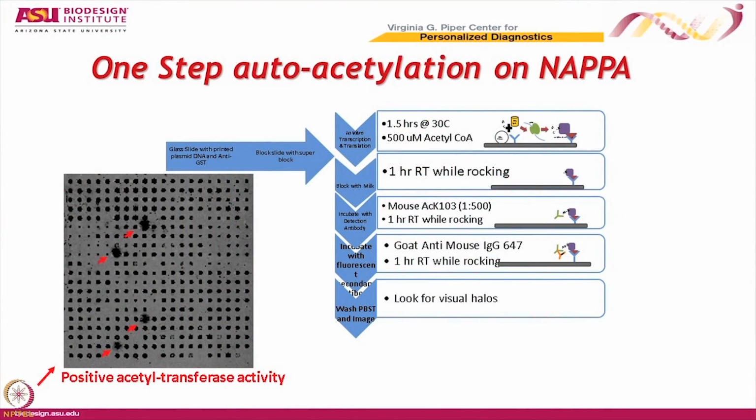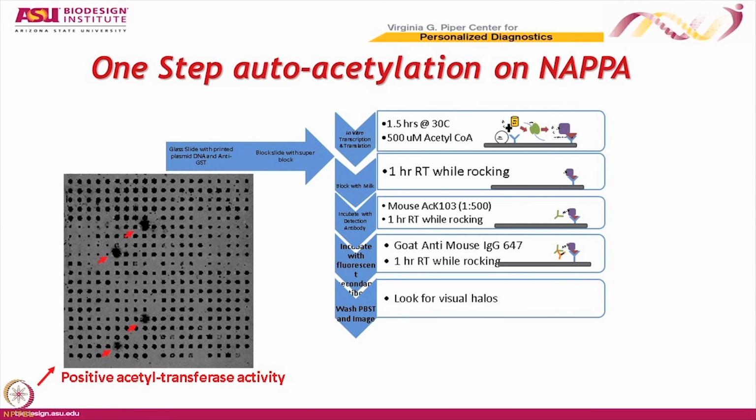Another assay, and I'm only going to show one slide from this because it's still an early study, is work that Ji Cho in the lab has been doing. And hopefully you can see the dark spot there, the dark spot there, the dark spot there. He basically was looking for proteins on the array that auto-acetylate.